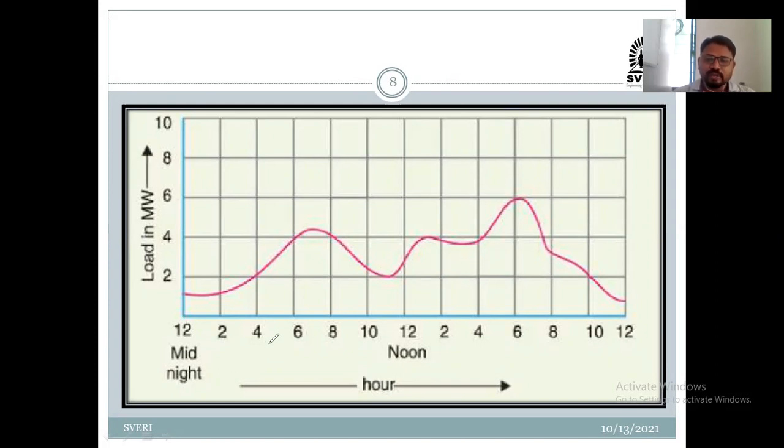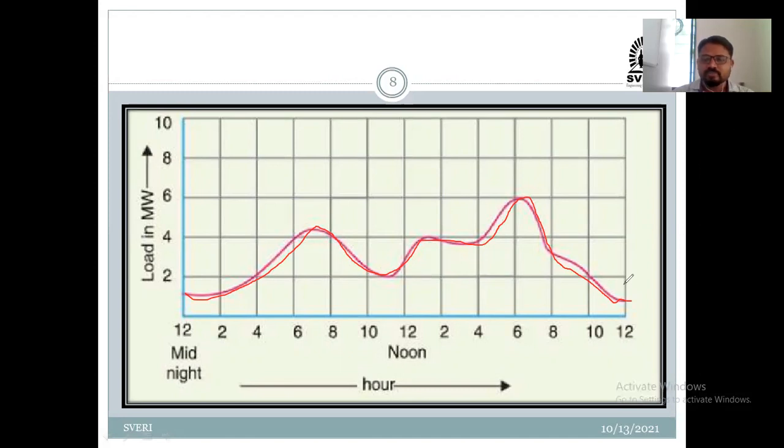For which particular time period what load is connected to that particular generating station or power station, we have plotted on the graph. And when we have joined all these points, we get this curve, and this curve is known as the load curve.